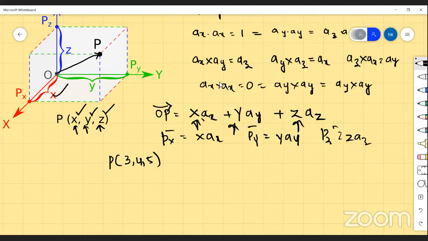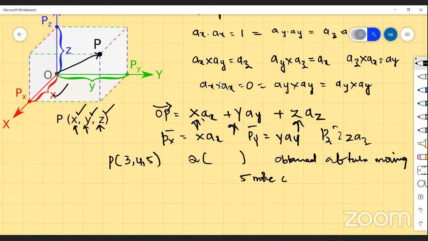So if P is equal to 3 comma 4 comma 5, another point Q is obtained after moving 5 more units along x direction.